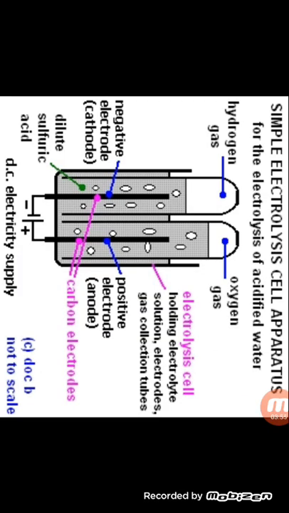So let us understand this electrolysis process in detail. Here you can see a setup for the electrolysis process, and this is called an electrolytic cell. The process of electrolysis takes place in the device called electrolytic cell.